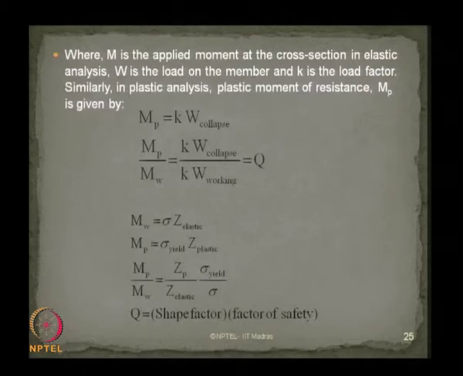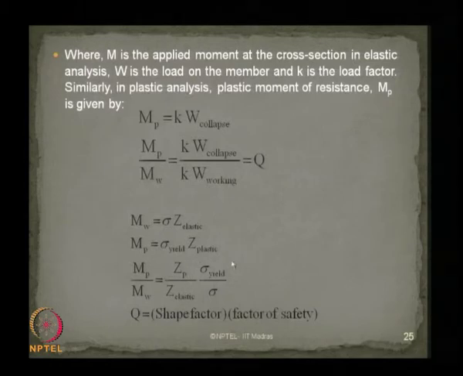When you follow the equation, you will notice that Q, which is nothing but the ratio of the plastic moment to working moment, is a product of shape factor and factor of safety, because the ratio of plastic section modulus to elastic section modulus is nothing but the shape factor, and this is what we generally use as a factor of safety even in our working stress design.